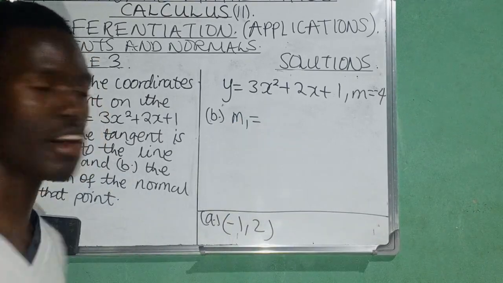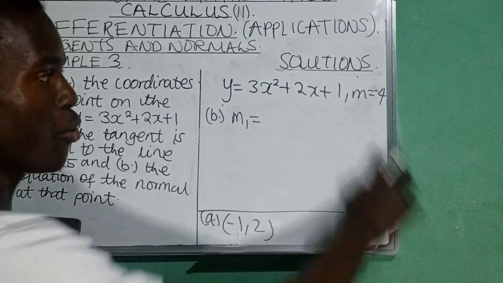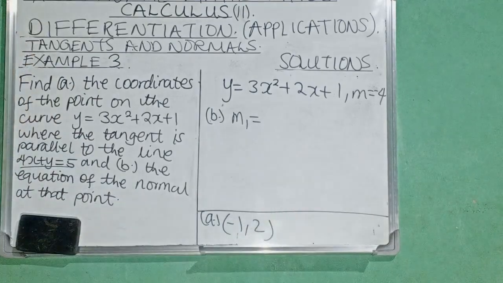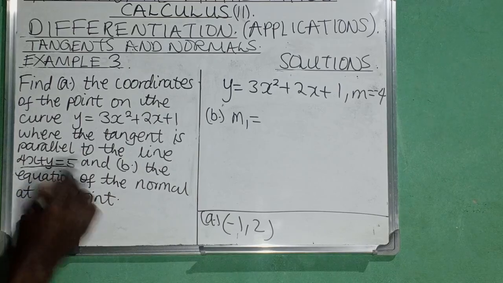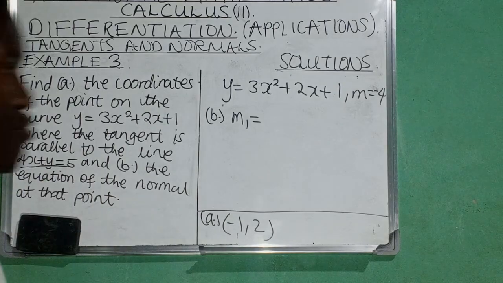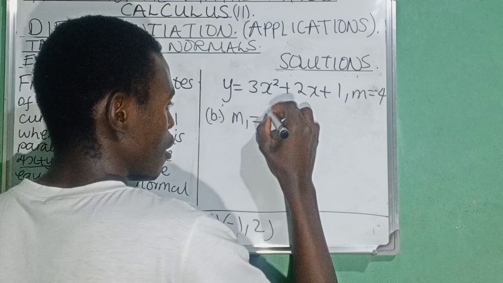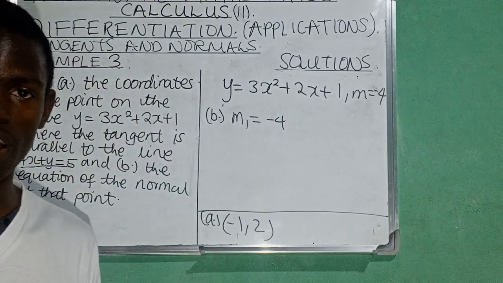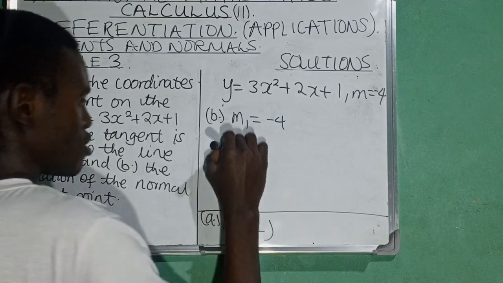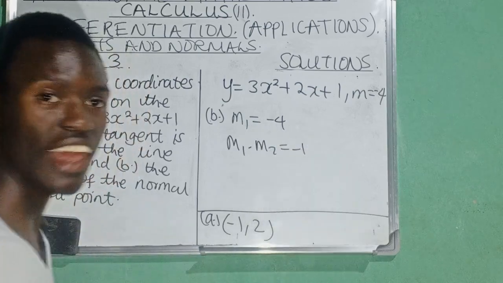is equal to the gradient that we found in the initial step, which was negative 4. Okay, the gradient is coming from this equation here, so the gradient was negative 4. m1 is equal to negative 4. And then we use the product of perpendicular lines, which is m1 times m2 is equal to negative 1, like that.